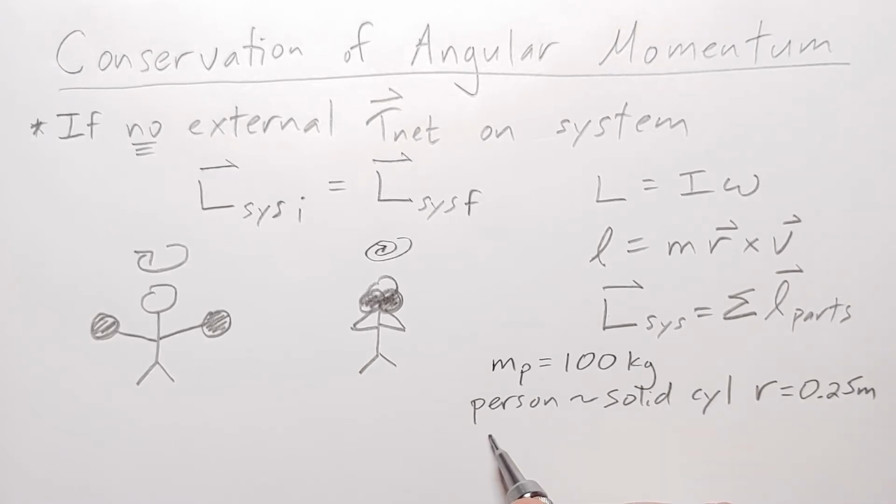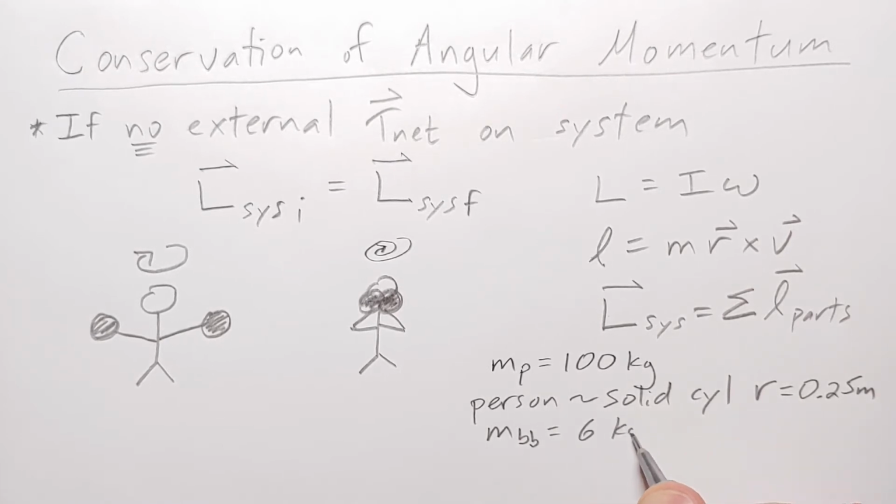For the bowling balls, we're going to assume that the mass of the bowling balls is 6 kilograms each. And we're going to treat them as point masses.